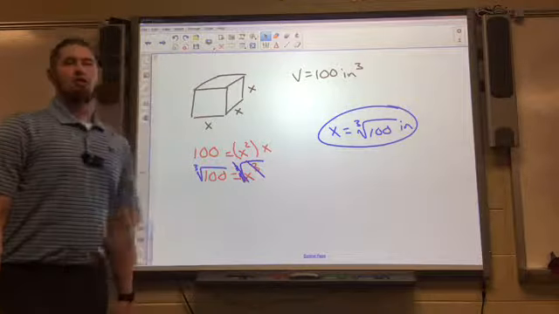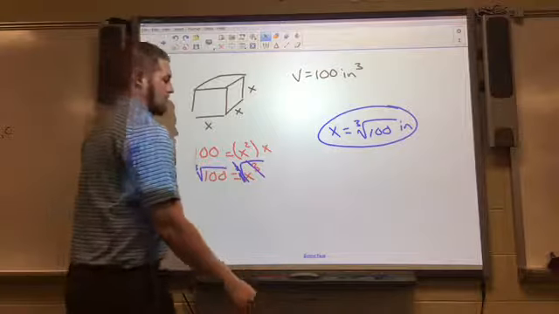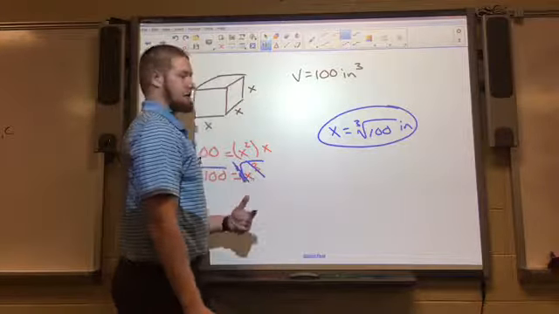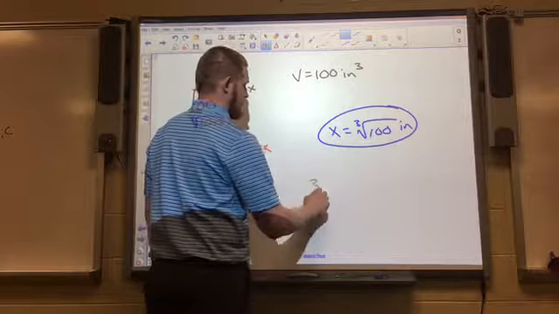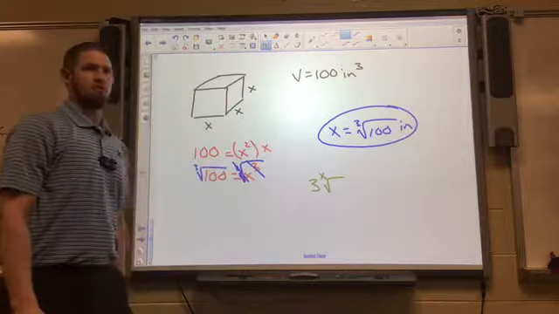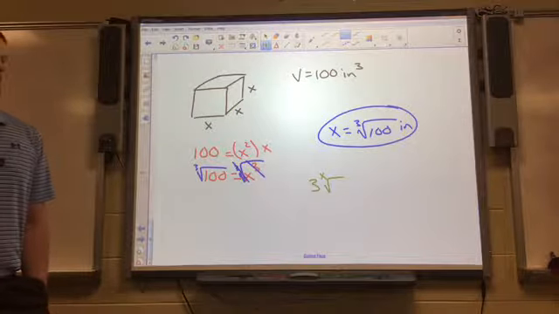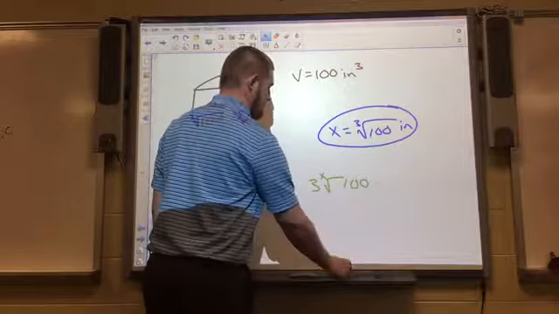Okay? But I am going to show you how to put this into your calculator, because if it were a perfect cube, and it would come out as a whole number, I'm going to want that whole number. So, in your calculator, if you have your TIs, like what I have in the back, you're going to have to type your 3, and then you have this radical with the x on it, and then 100.